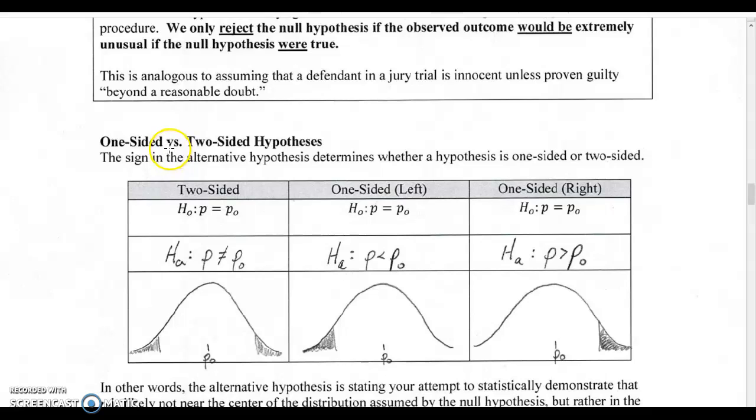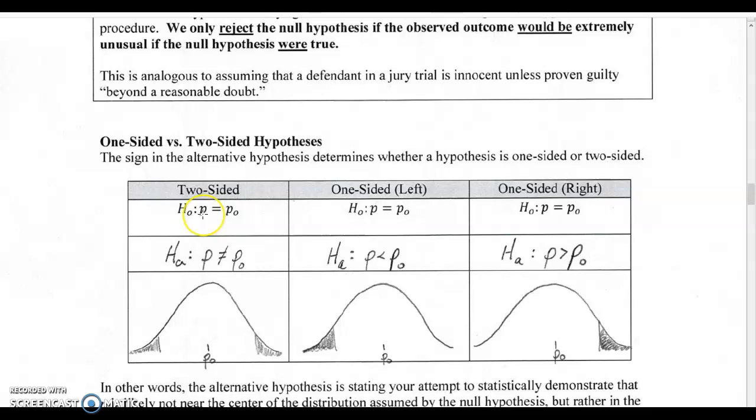So there are basically one-sided and two-sided hypotheses. By the way, all of the null hypotheses are the same because remember they all have an equal sign. So no matter if I have a two-sided or a one-sided left or a one-sided right hypothesis, all the null hypotheses have an equal sign.